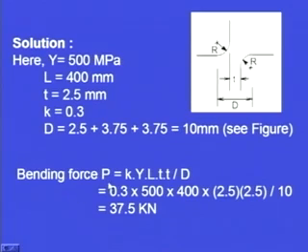We are able to calculate the bending force using this formula, P is equal to K times Y L T square, whole divided by D. The value of K is 0.3, Y is 500 megapascal, L is 400 millimeter, T is 2.5 millimeter, and the die opening calculated using this figure is 10 millimeter. So, whole divided by 10, we calculate that the bending force is going to be 37.5 kilonewton.